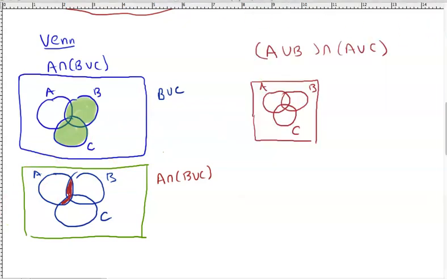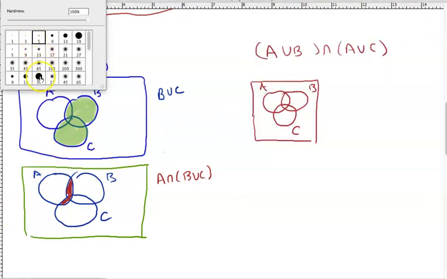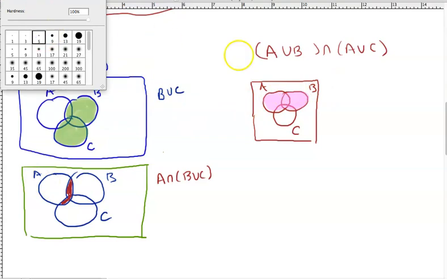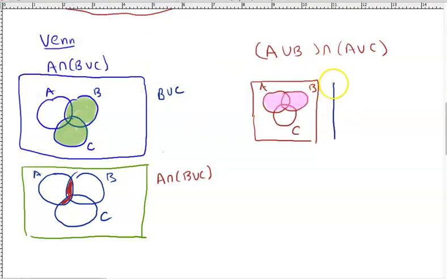I like pink today. So A union B is going to be the A and B circles, everything in the A and B circles. All right, cool.